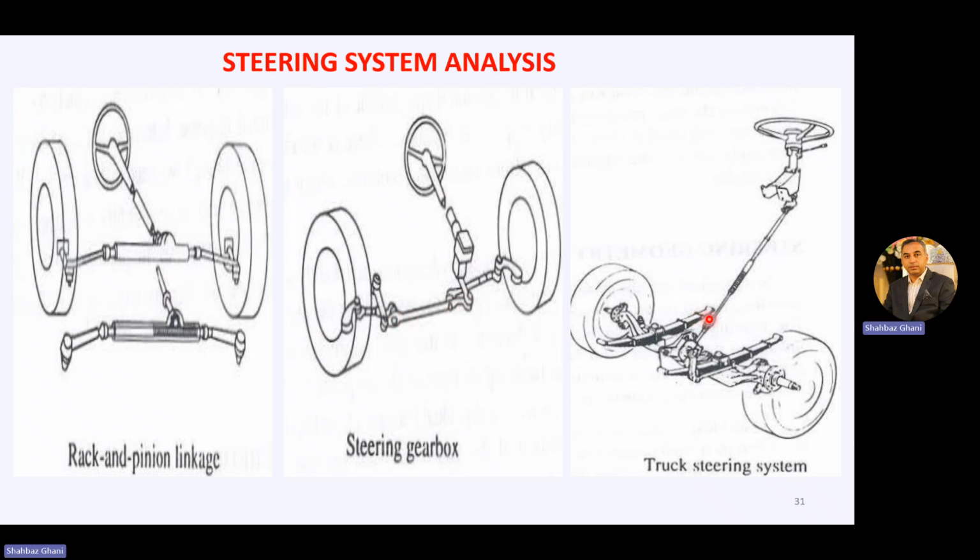And in third, we have a steering wheel, then a long steering column, in which we have a truck steering system or the bigger or heavier vehicle. We have this kind of arrangement. Then we have a steering gearbox or a rack and pinion here, and then we have linkages here.